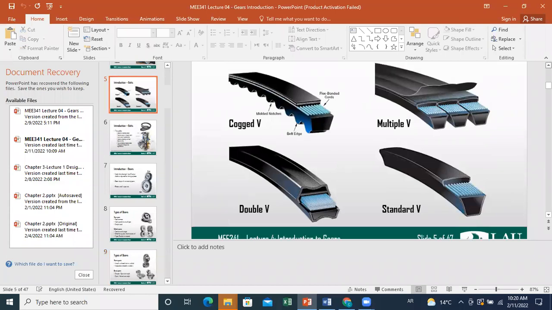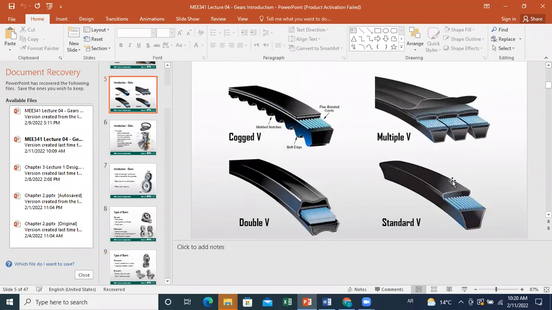Look, in this slide we are just representing several configurations of V belts. For flat belts you just have a rectangular cross section, while for V belts you have different configurations, and the more complex the configuration is, the larger the power you can transmit, or the safer the interaction between the parts.